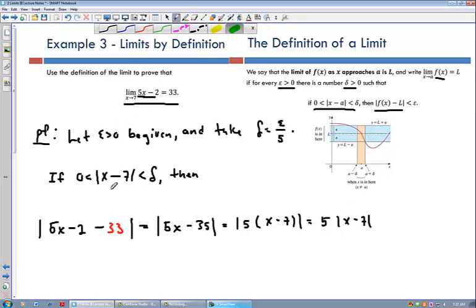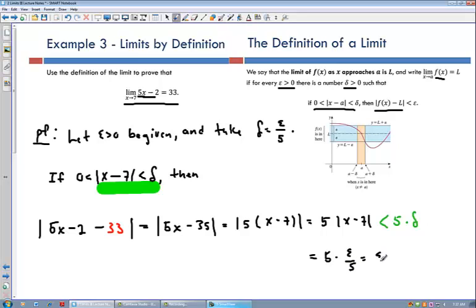I know the absolute value of x minus 7 is less than delta here. So what I can do is write over here that this is less than 5 times my delta. That's equal to 5, and delta is epsilon over 5. And so now the 5s cancel here, top and bottom, and I just get simply epsilon.